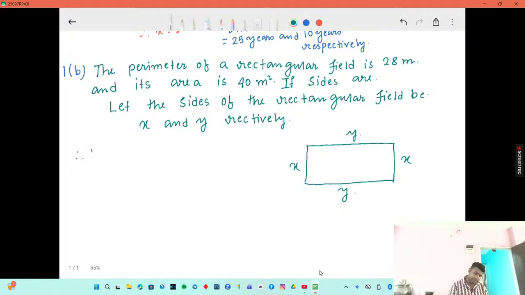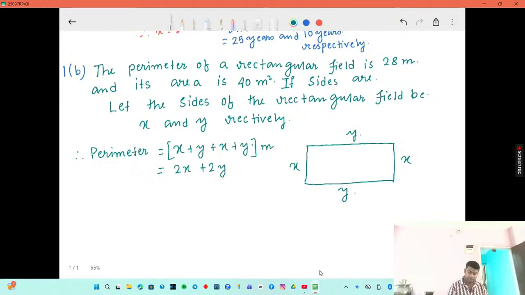Therefore, perimeter is equal to x plus y plus x plus y, which is equal to 2x plus 2y, and the unit will be meter, because in this question it is given as meter. We will take 2 common and after that we will write x plus y.